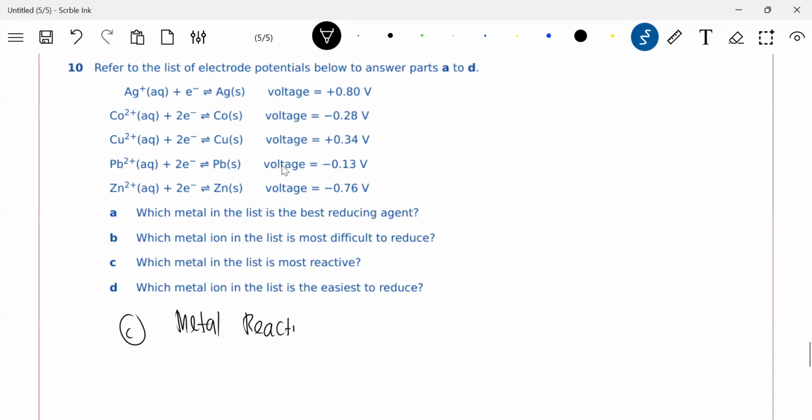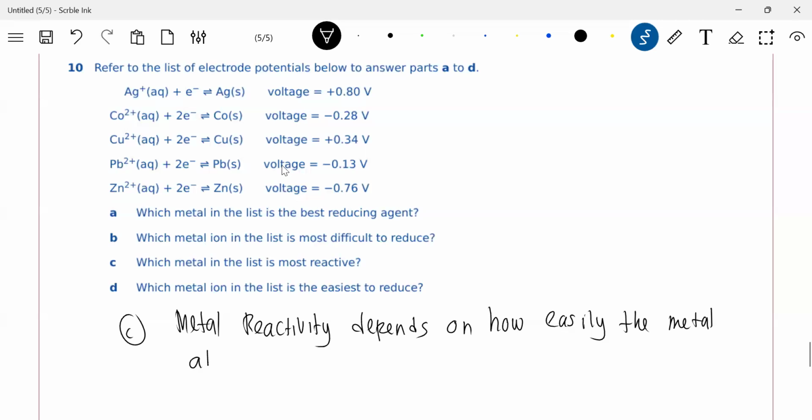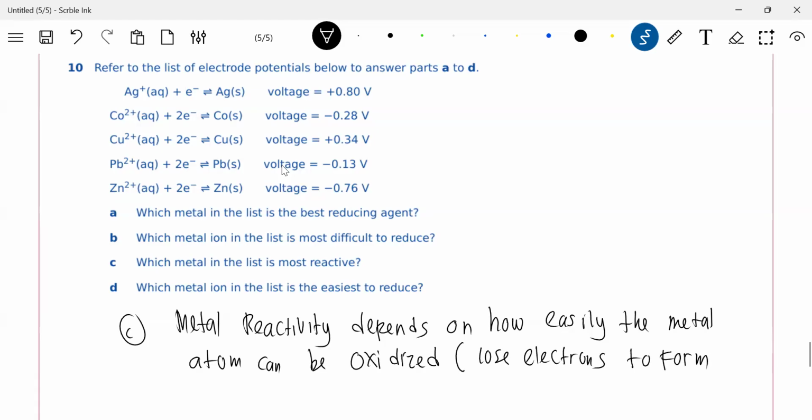Metal reactivity depends on how easily the metal atom can be oxidized. It means to lose electrons to form ions.